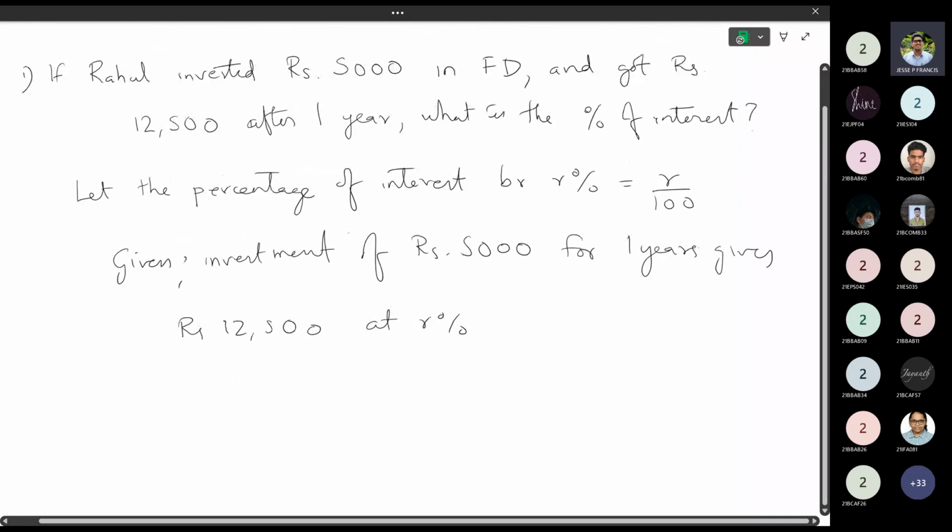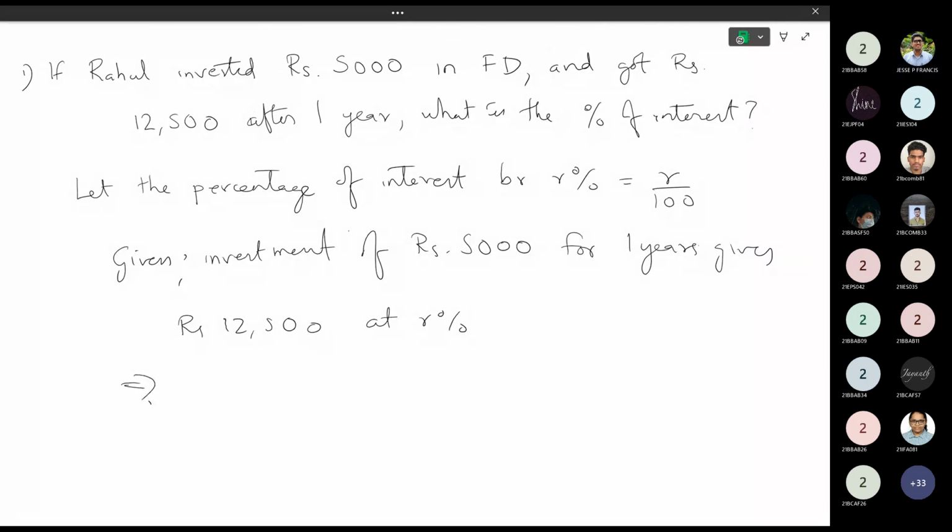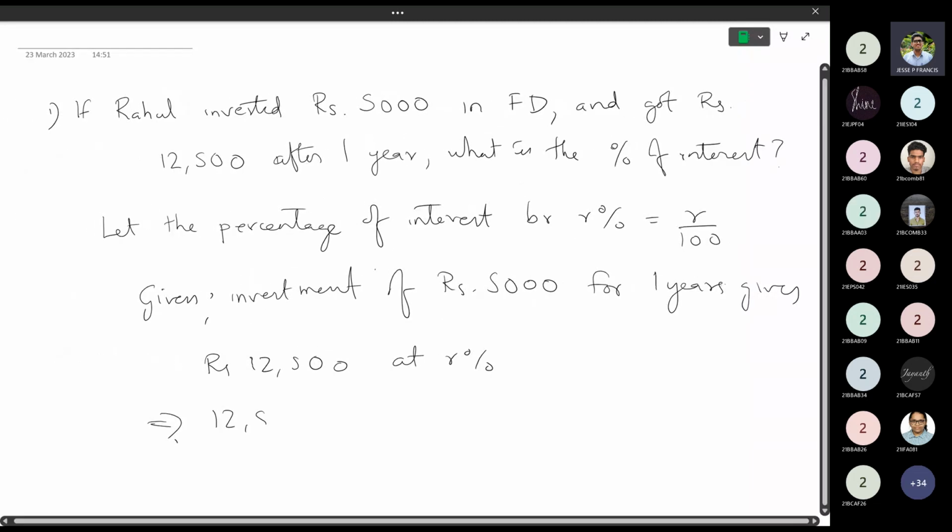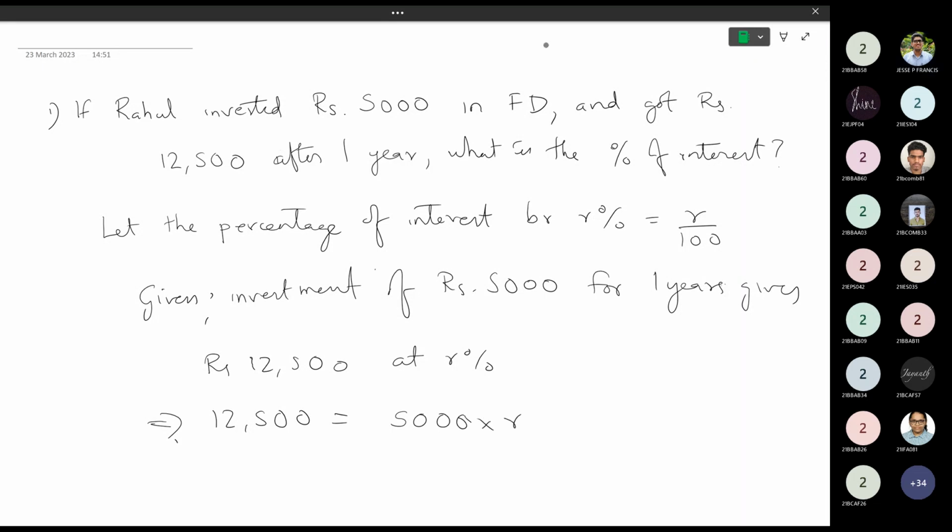That implies 12,500 is equal to 5,000 into the maturity factor, so 1 plus NR.